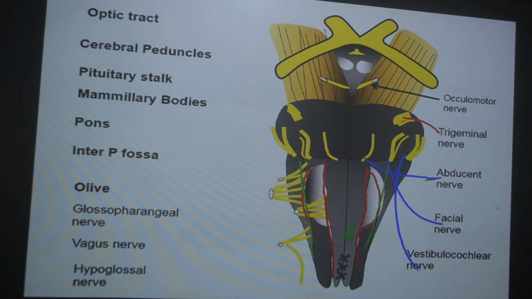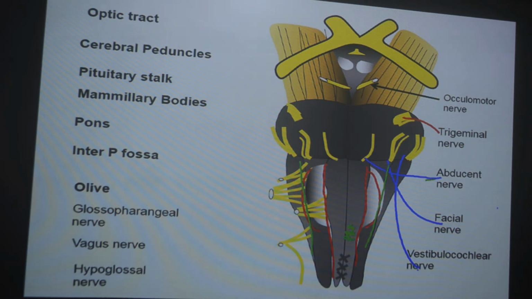Now, the 9th cranial nerve, which is the glossopharyngeal, is mainly a sensory nerve, and it supplies sensory supply to the posterior 1/3 of the tongue. Also, it is sensory to the pharynx, and it supplies one muscle, which is the stylopharyngeus muscle. It also has a parasympathetic component, and it is going to supply the parasympathetic supply to your parotid gland.